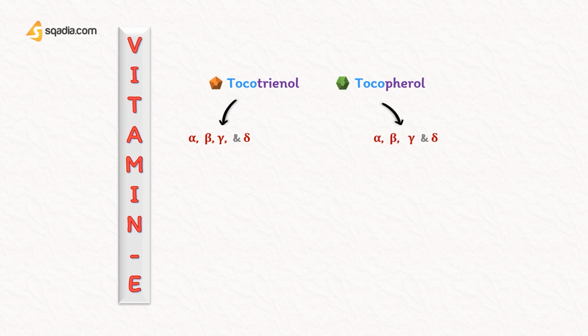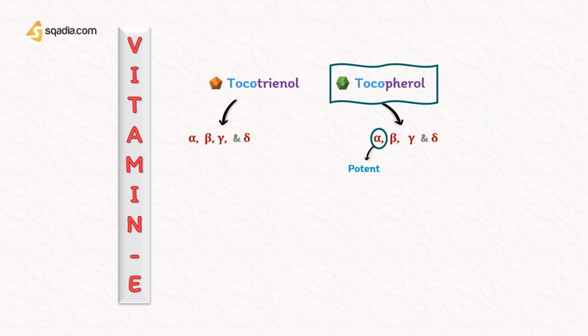Vitamin E is considered as a generic term for tocotrienols, which include alpha, beta, gamma, and delta, as well as tocopherols, which include alpha, beta, gamma, and delta.